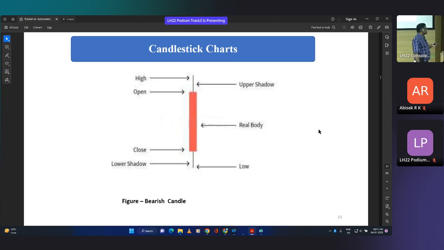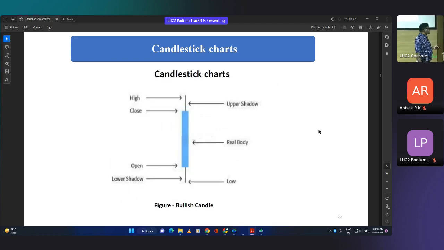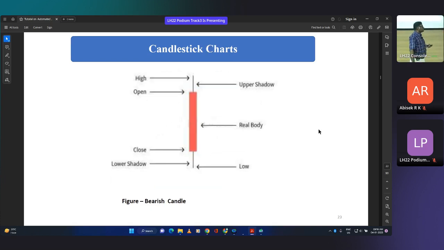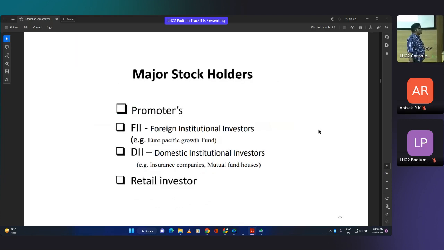You can have a candlestick which is green when the stock rises, and similarly, when the stock falls, you have a red stick. And the major stockholders are promoters, foreign institutional investors, domestic institutional investors, and retail investors.